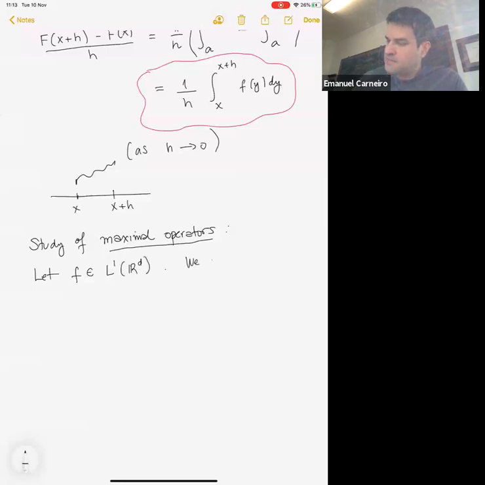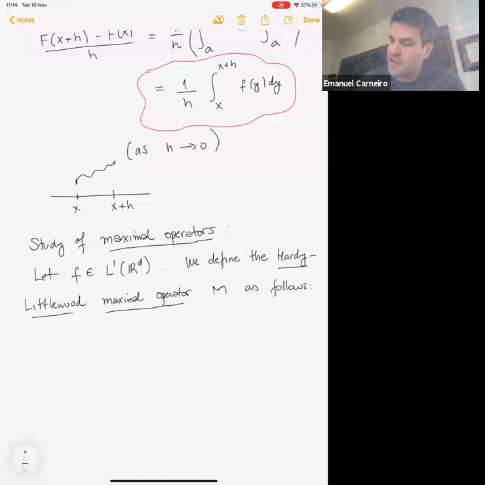We define the Hardy-Littlewood maximal operator M as follows. I will construct a new function, which I'm going to call Mf. That's called the maximal function.